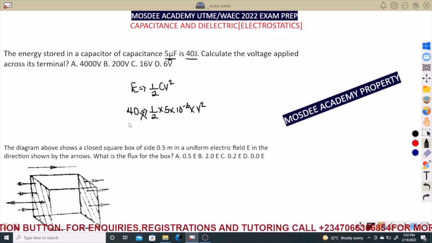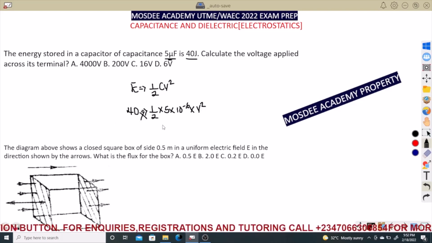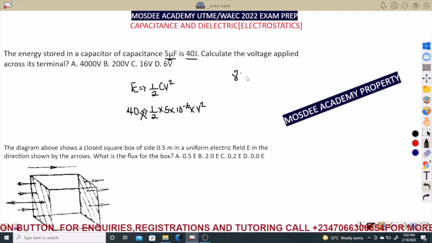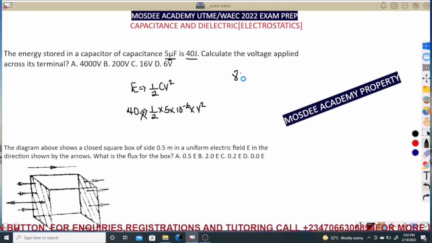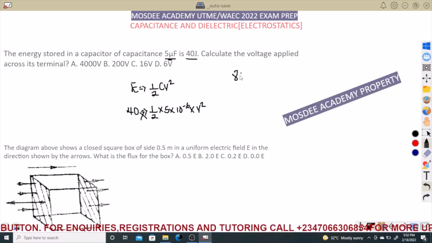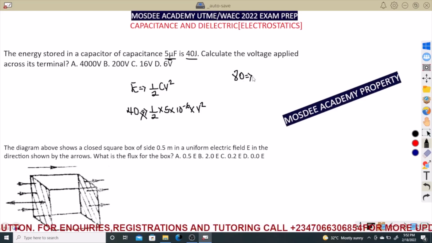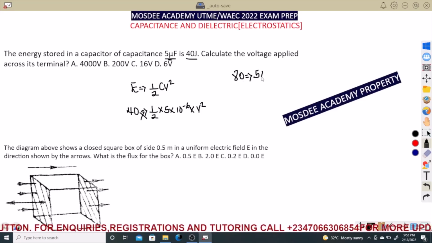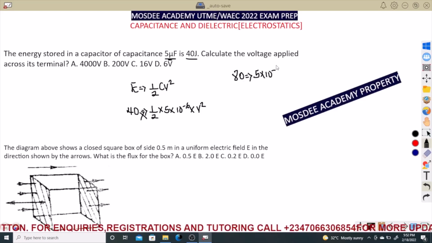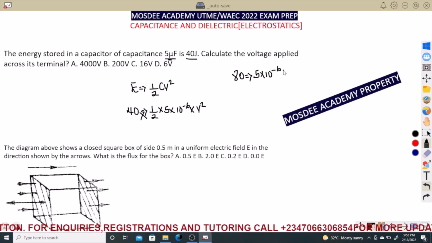On simplification, you can cross multiply. 40 twos are 80. You can cut if you want to, but I just prefer to cross multiply. We have 80 equals 5 times 10 raised to the power negative 6 times V squared.